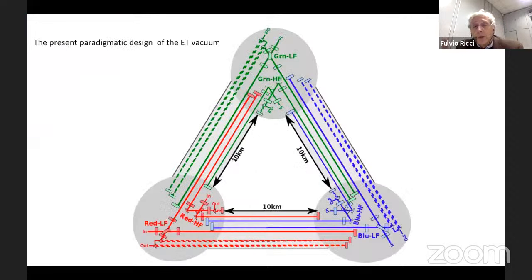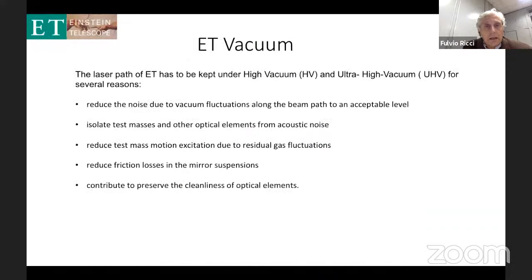So you have already seen probably several times this picture in which we show this triangular shape with the high frequency and low frequency interferometers, with an impressive number of vacuum tubes and cryogenic systems to be developed in this design.